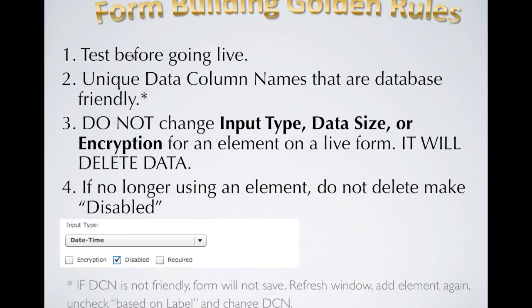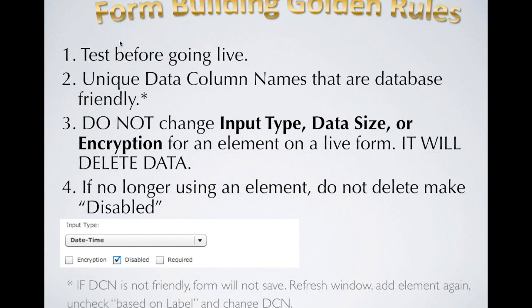The third form building golden rule here is to not change the input type, data size, or encryption of an element on a live form because it will delete the data. That's really important to remember. That's the same thing as, if you're using a select option list and then you decide you want to do a pick list option list. Even though you're changing to a different option list, that's still changing the input type.